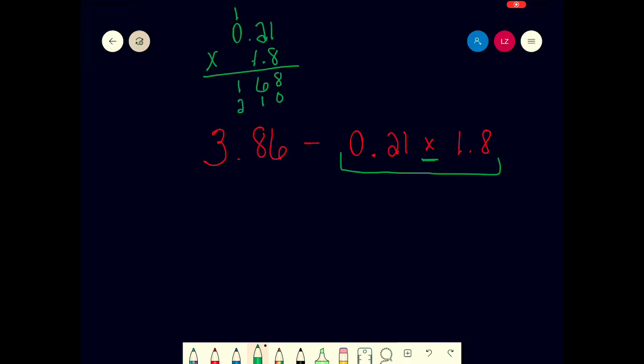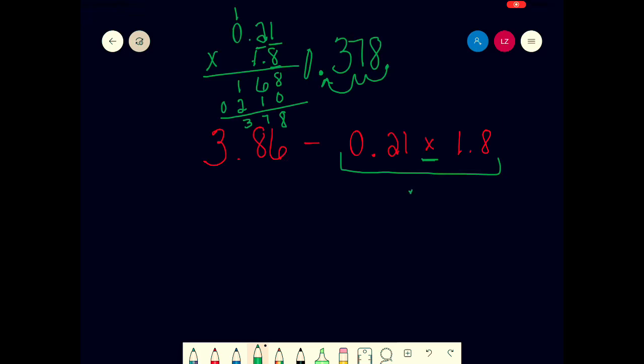And we've got 8, 7, 3. I'm going to rewrite that over here so I don't get into my problem. 378. But let's count our decimal places. 1, 2, 3 decimal places. I'm going to take it from here and go 1, 2, 3 decimal places. So our answer is going to be 378 thousandths.